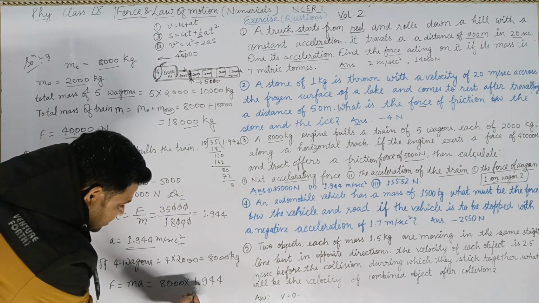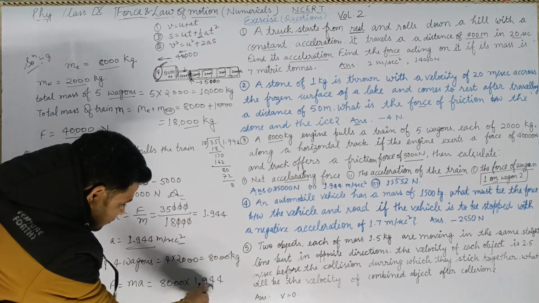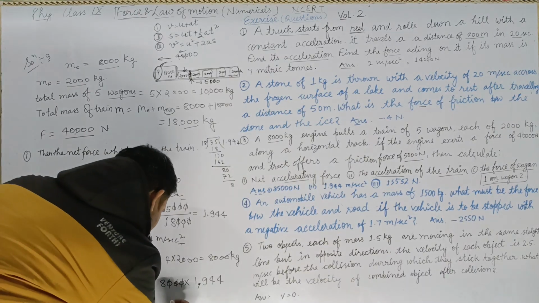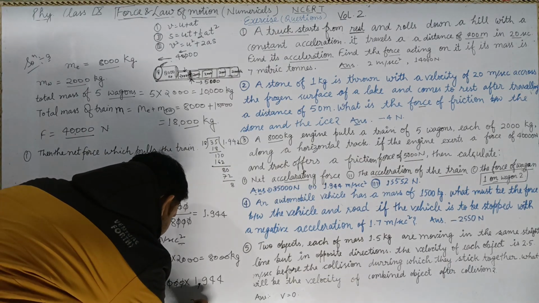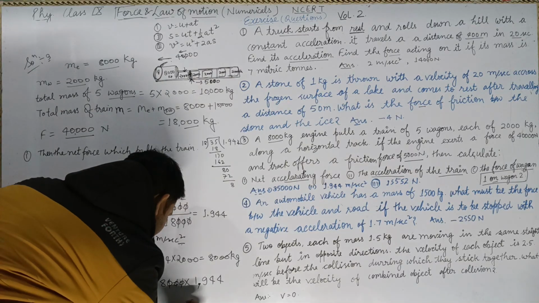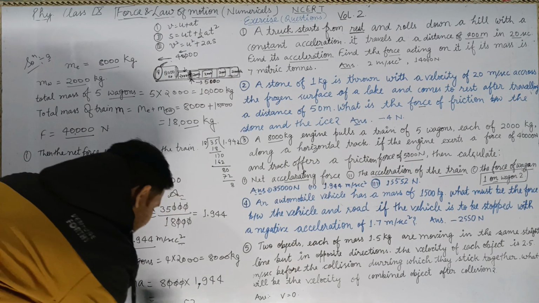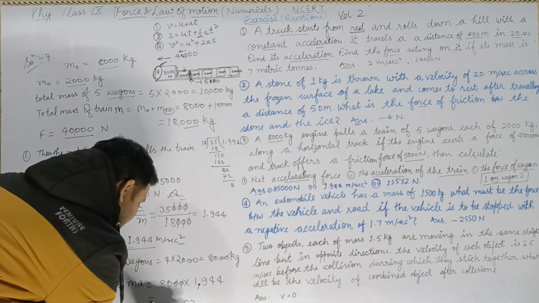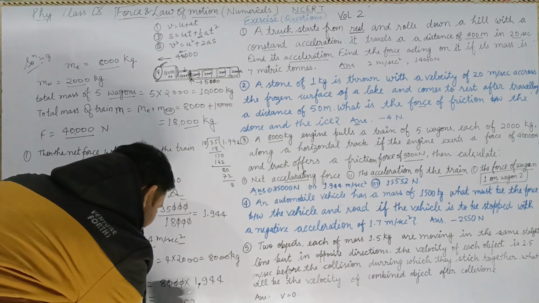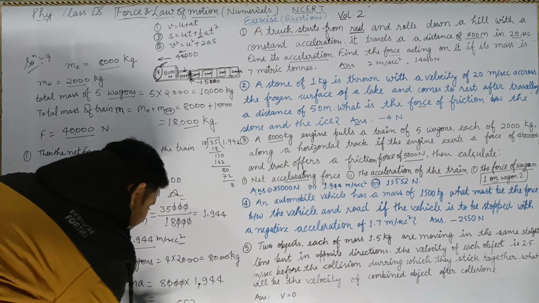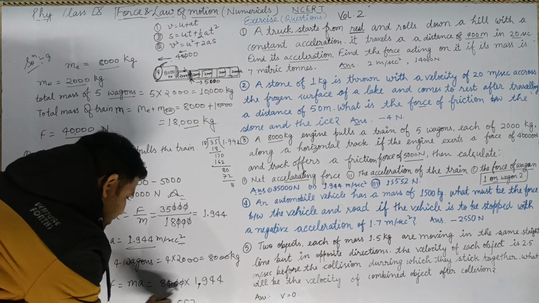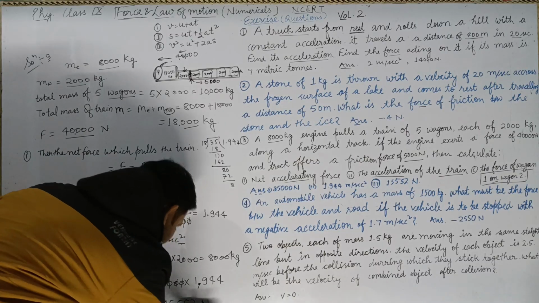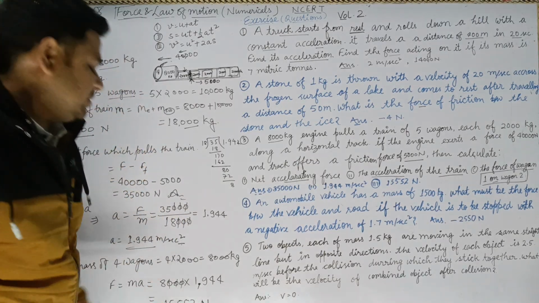We remove the decimal, take the three zeros, and multiply by 8. 8 4 ja 32, 32 plus 3 35. 8 9 ja 72, 72 plus 3 75. Carry 7. 8 1 ja 8 plus 7 15. It will be 15,552 Newton.